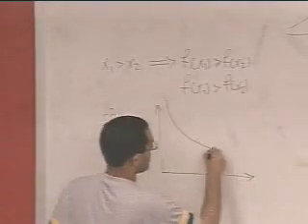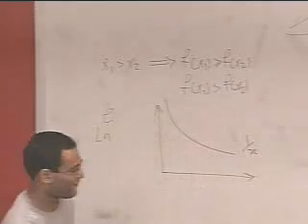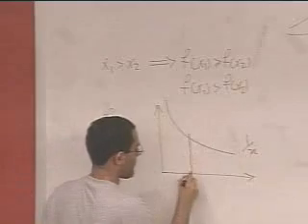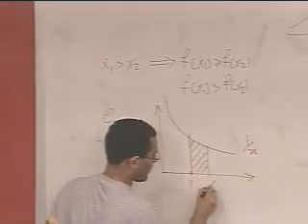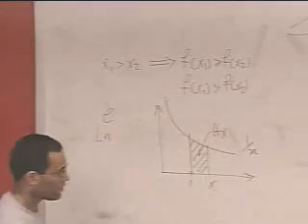We looked at the function 1 over x, nothing really fancy, and we pick point 1 and x. And this is the area below it, A of x.